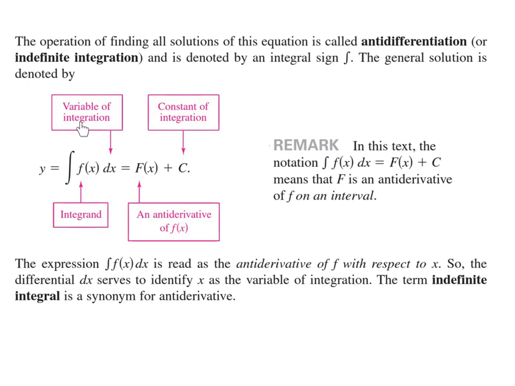And then the variable of integration, we've seen this before when we take derivatives, right? So derivative with respect to x. That is the variable that we're going to integrate by. And this big F of x is used to denote the antiderivative, so the original equation. And then what we just talked about is plus c. So we have to take into account that there might be a number added to that equation.